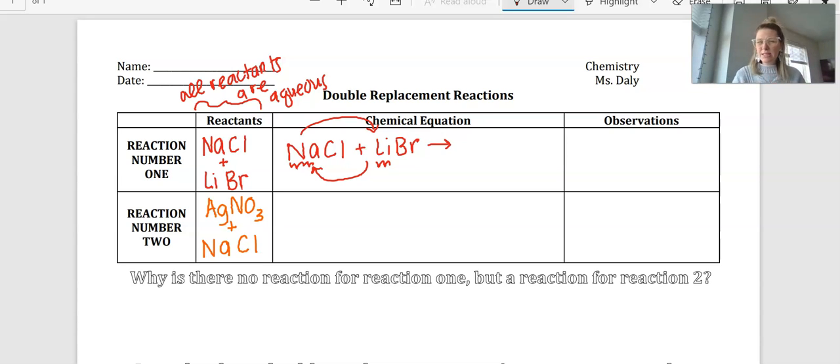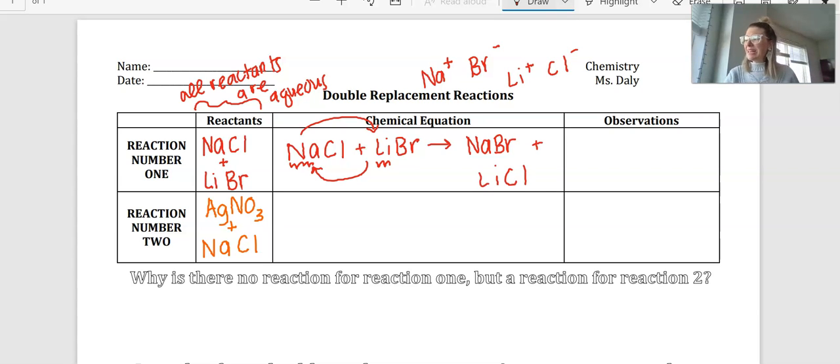Don't forget to crisscross as we predict. So Na is a +1, Br is a -1, Li is a +1, Cl is a -1. And so it works out nicely that we would just get NaBr and LiCl.